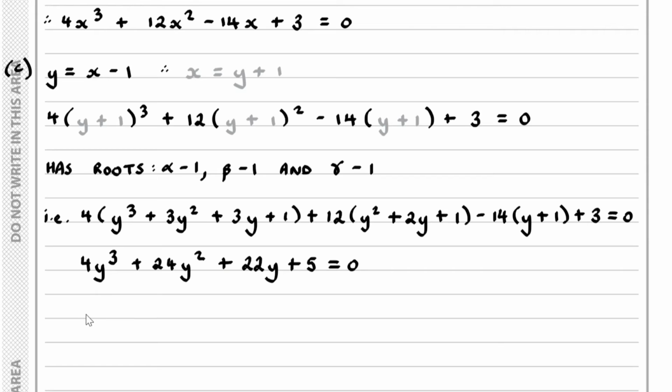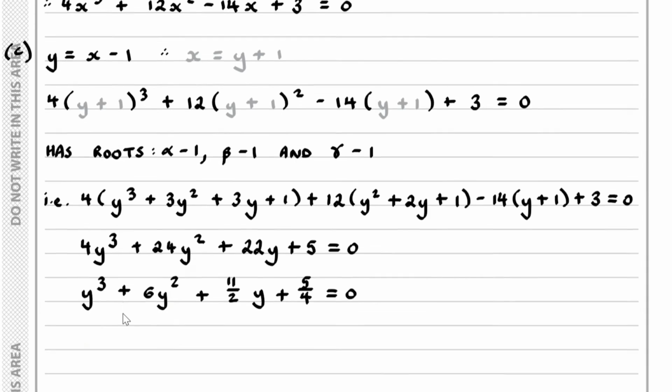And if I divide through by 4, I've got y cubed plus 6y squared plus 11 over 2y plus 5 over 4 equals 0.